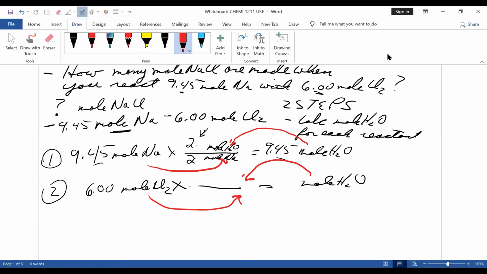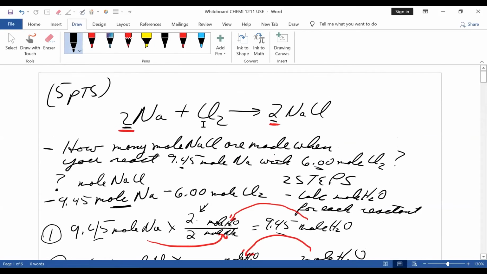And now, where do we get what units? Moles of water. What do we put down here? Moles chlorine. Where do we get those numbers?